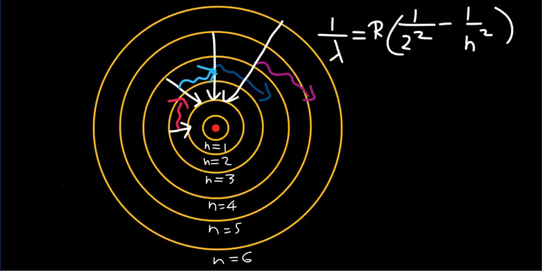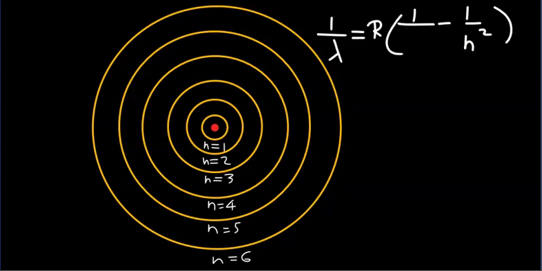So all the transitions that begin with a higher orbit and end up in the n equals 2 orbit give rise to radiations that belong to the so-called Balmer series.